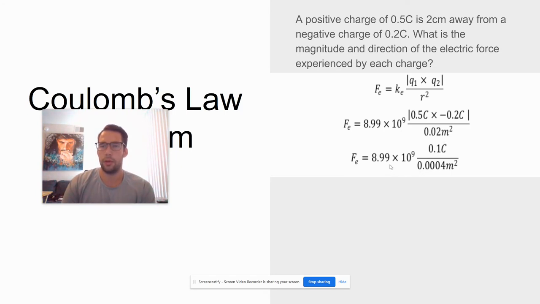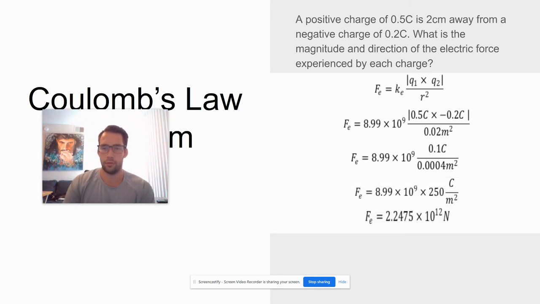So I'll get 8.99 times 10 to the 9th times 0.1 coulombs divided by 0.0004 meters squared. When I work out those numbers a little bit further, I end up with a force of 2.2475 times 10 to the 12th newtons. That's a lot of force, but these are really heavily charged particles here.